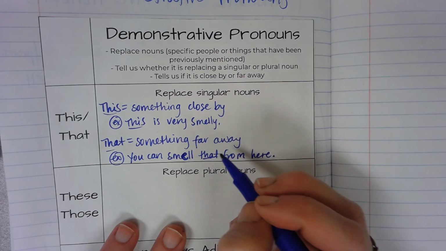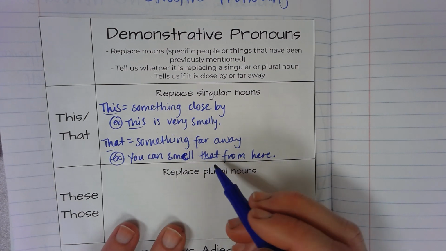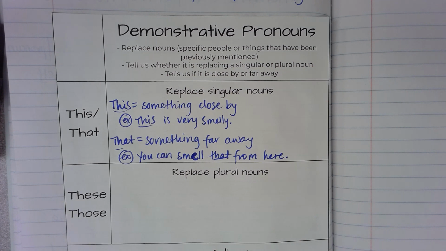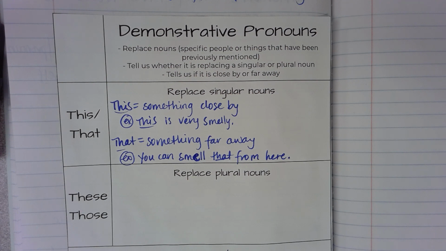So this, something close by, this is very smelly. But then once you use that in a sentence, you can smell that from here. It's giving you that hint that one, it's one thing, so it's singular, and two, that it's kind of far away or not necessarily right next to you.